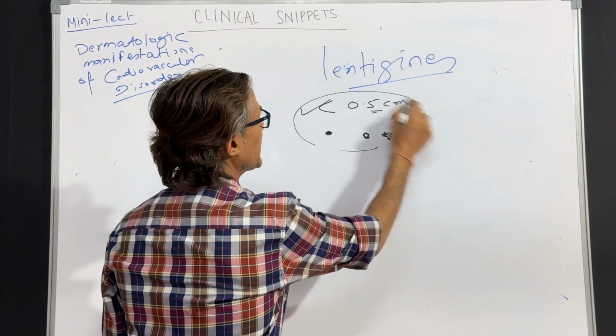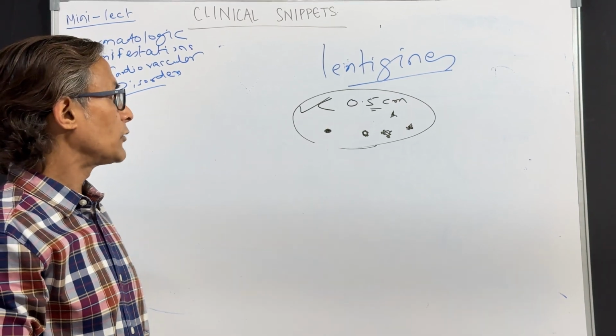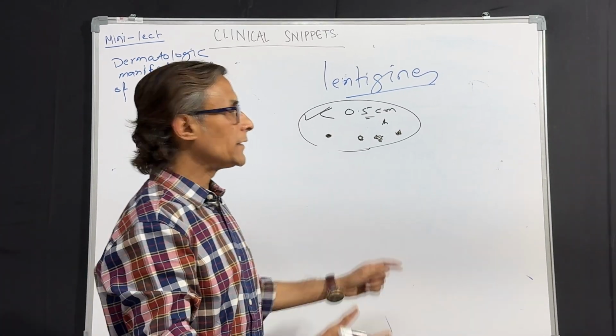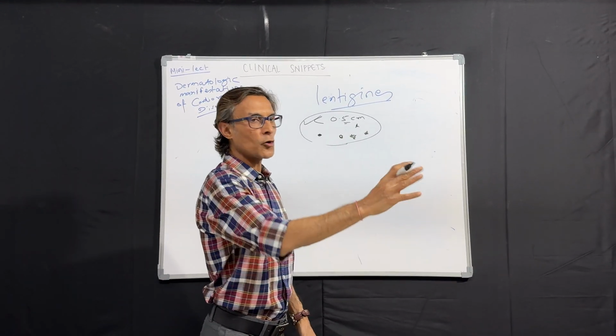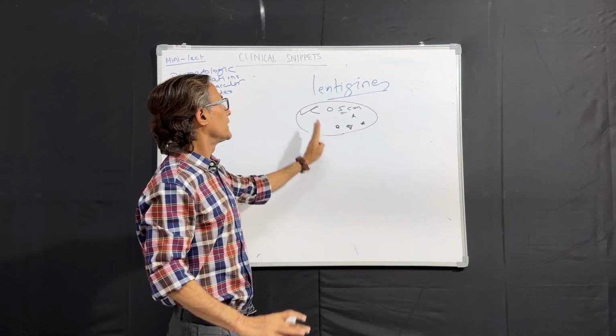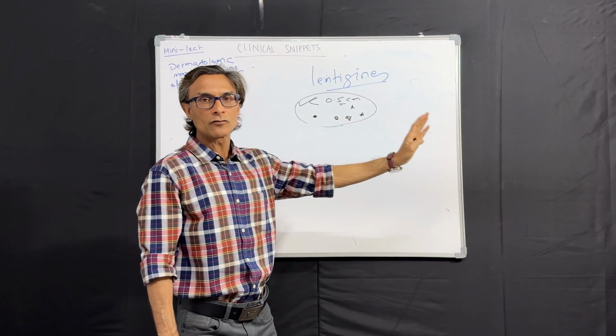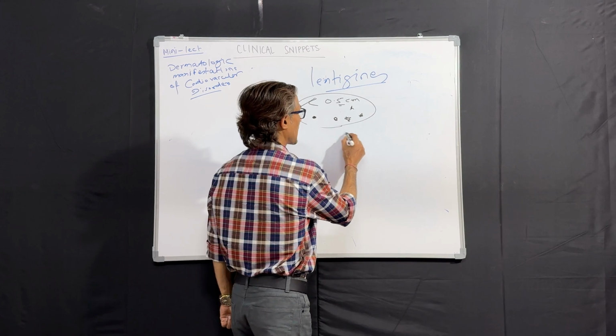And these lentiginous, they are associated with some complexes. There are multiple syndromic involvement. We will not be just discussing every syndromic involvement. We will just involve lentiginosis. If you see lentiginous, what cardiovascular things one should keep in mind? One is Carney's complex.